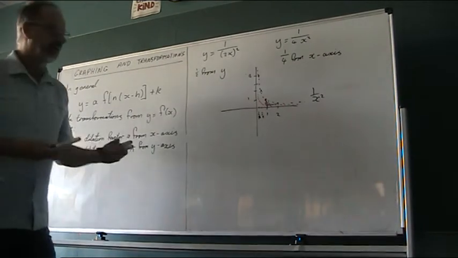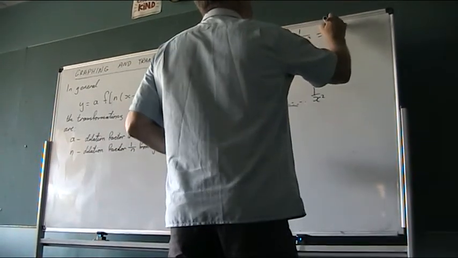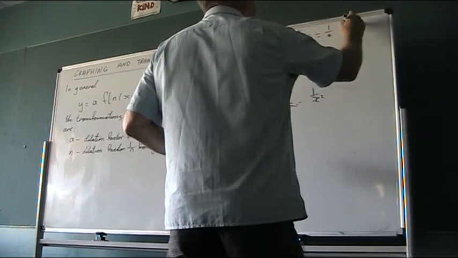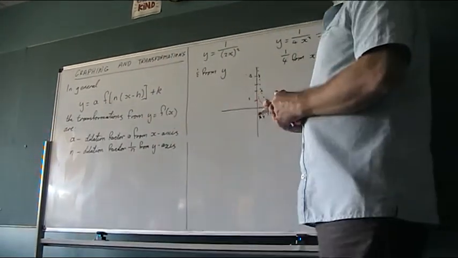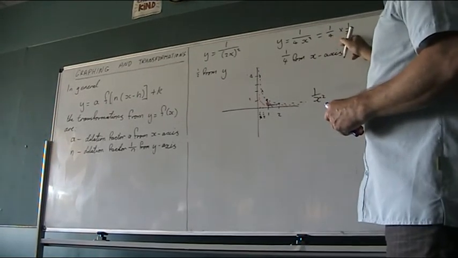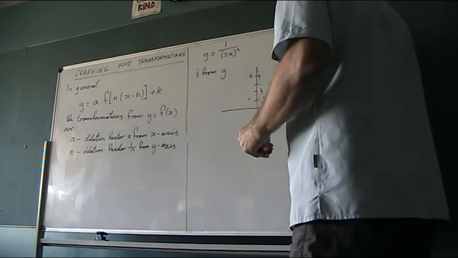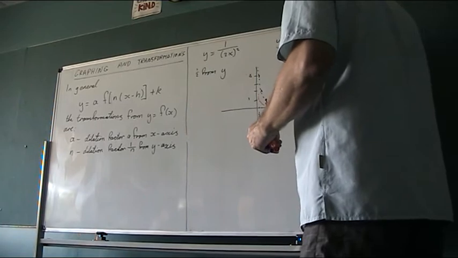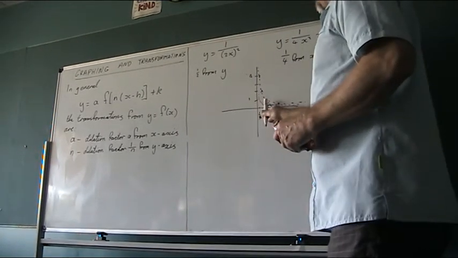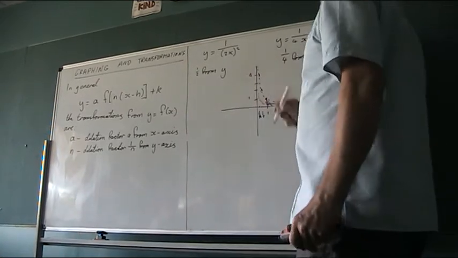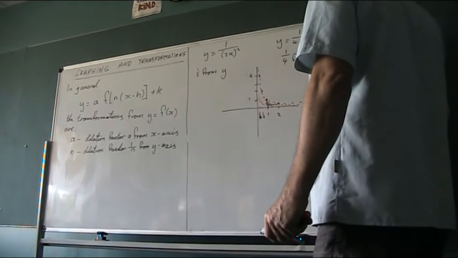So you can think of this one as being 1/4 times 1 on x squared. So you've got 1/4 of this, whereas what you're saying is not going to bring it down, that's going to take it up.